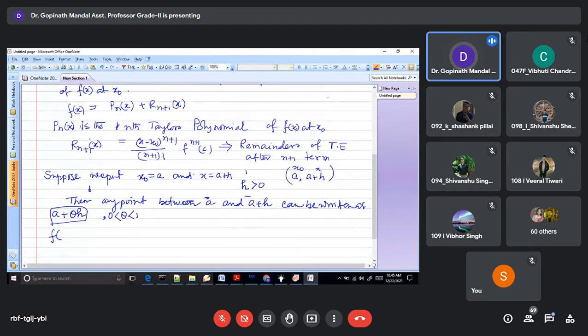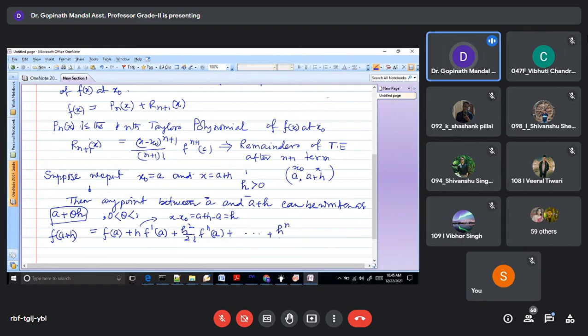f of x, that is a plus h, is equal to f of a plus h f dash a, since x minus x0 is a plus h minus a, that is h, plus h square by factorial 2 f double dash a, and so on.